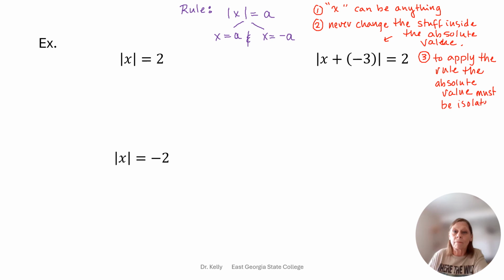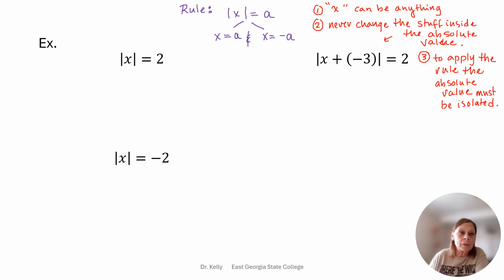Okay, now that I've got all those little rules out of the way, let's solve these problems here. So we'll look at this first problem. The first problem here says the absolute value of x equals 2. Now we need to just apply this rule.